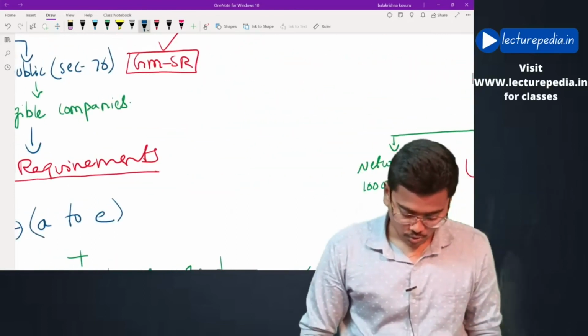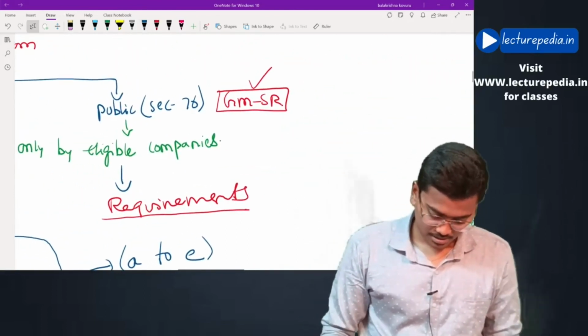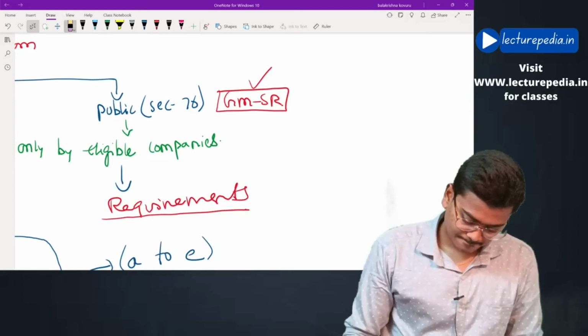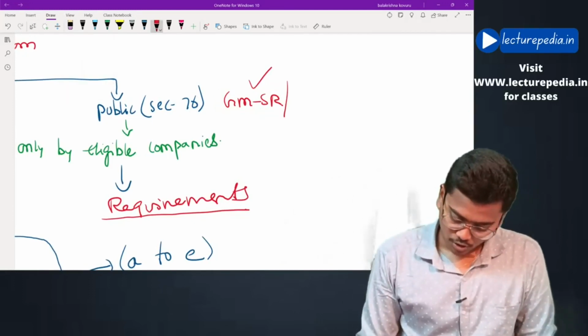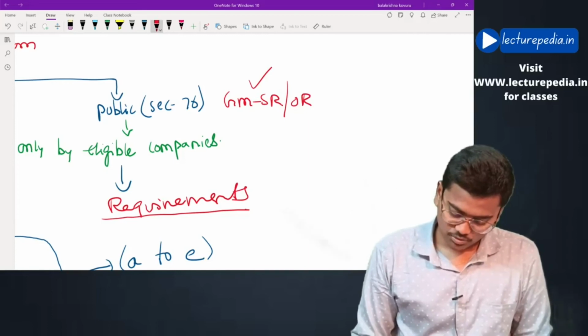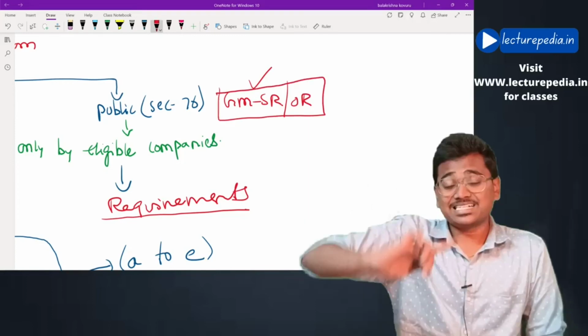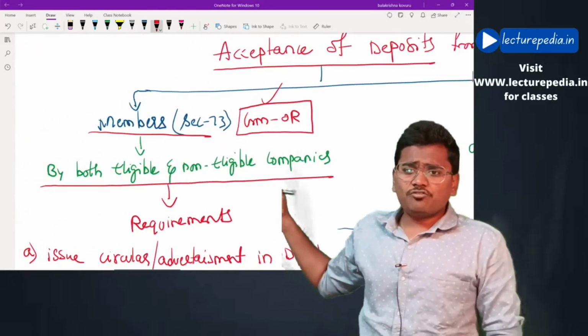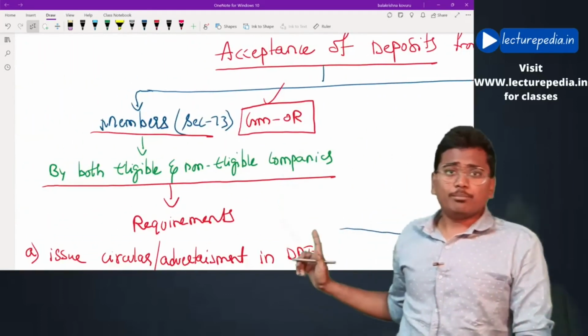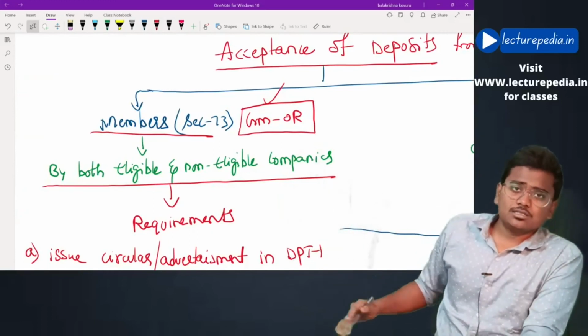Thereby you can also change it here. General meeting special resolution or ordinary resolution as per the requirement of section number 180. All that point we have discussed now. In case of raising deposits from members, it will not be counted as borrowings.